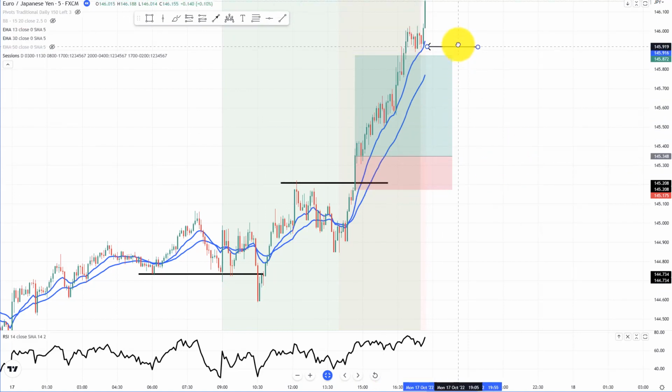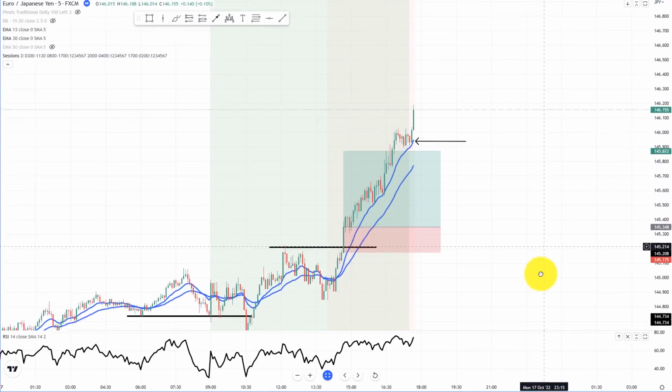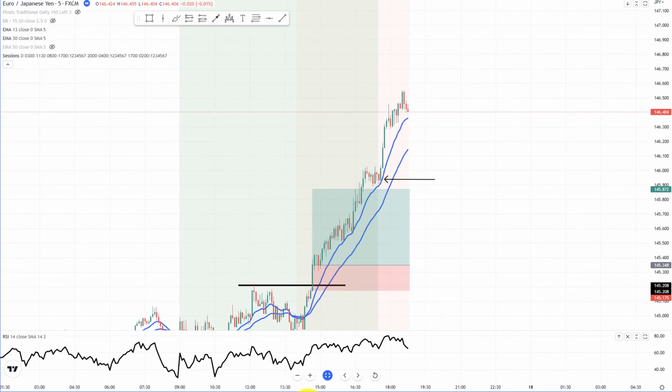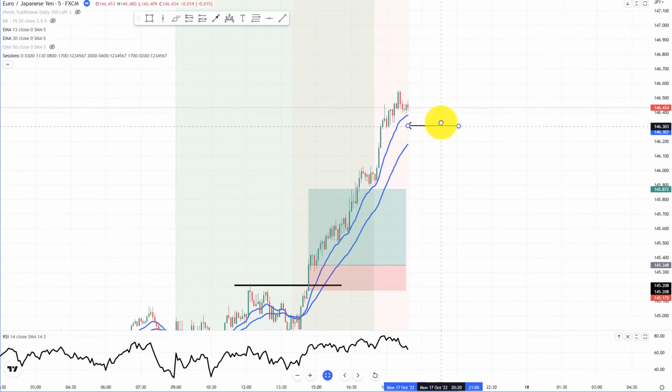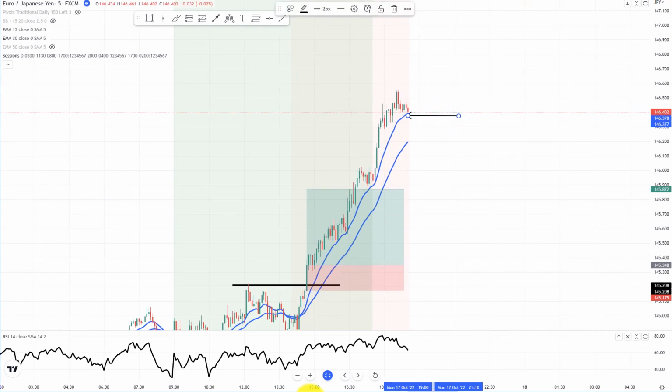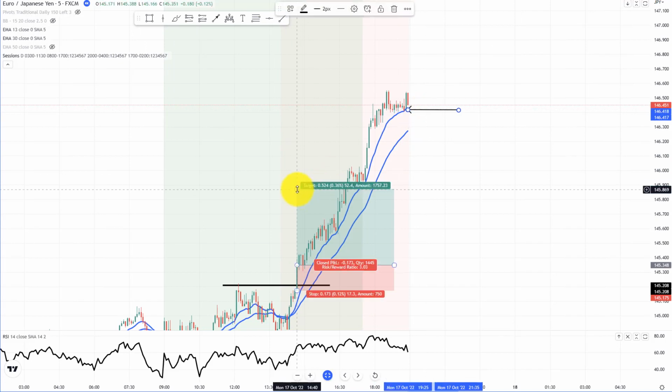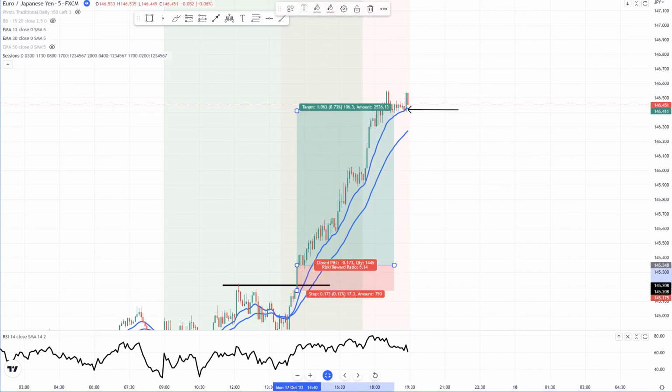Okay, we are now trading a lot higher. The moving average is going up and up and up. No divergence yet. Okay, here we can say we were out. So we have 3R and 6R.